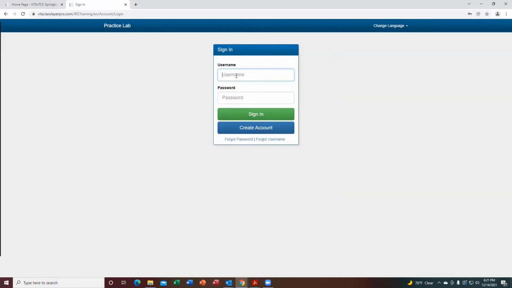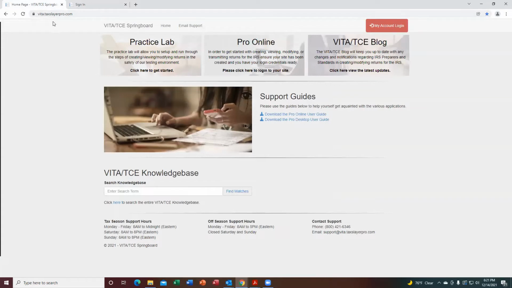Okay, so once I put the Train Pro Web, it got me to my username and login. And that is using the Link and Learn. Over here, using the actual URL, once we get started with the actual services for VITA, this is going to be the URL that will already be saved on your computers, or the URL that you're going to remember. This is the URL I'm going to use.